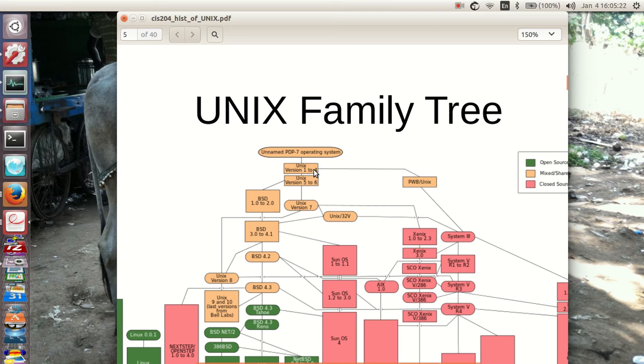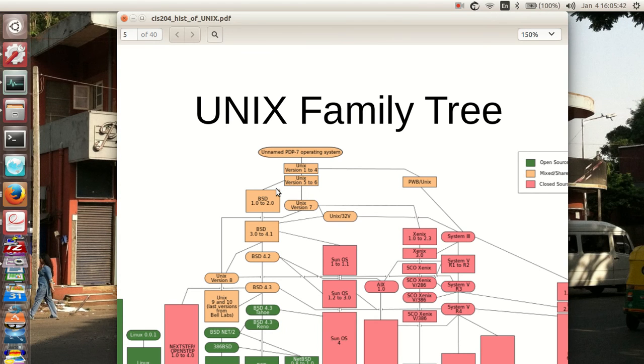And you notice here that they've not used the all caps version, Unix. So there's Unix version 1 through 6 basically came out. At some point, Bell Labs decided that they would license this product, this new Unix, to schools, basically universities.